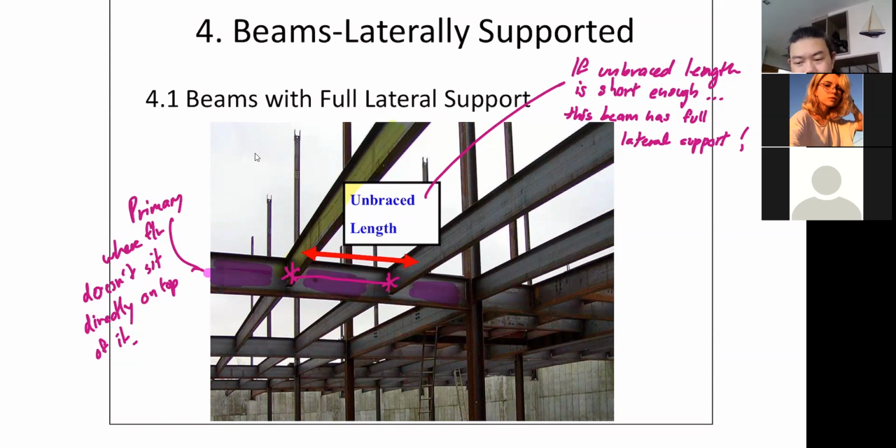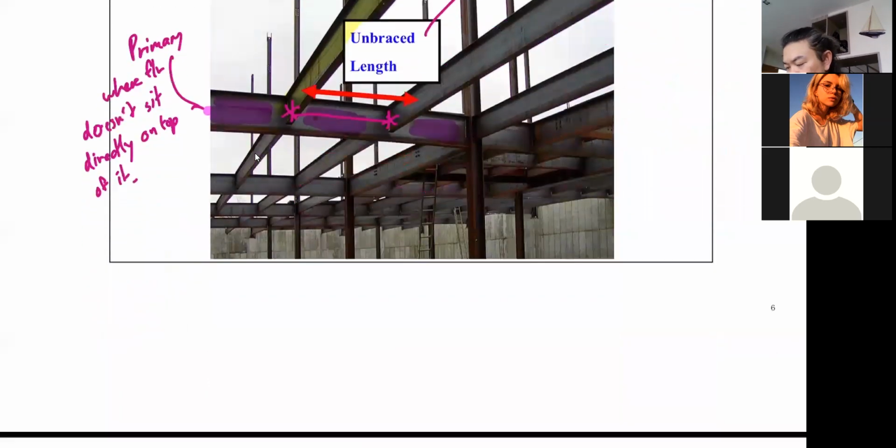That's the basic behavior. In the next part, we're going to get into what you do when your beam doesn't have this. But for now, we consider the situation where our beam has full lateral support, and with that in mind, we can now study the flexural stress in your beam.